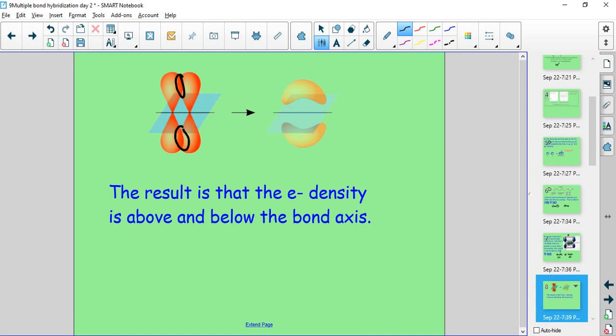Now this looks like two separate bonds, but in reality this whole thing here is just one pi bond. Just one pi bond: 2p orbitals in the same spatial orientation, overlapping, creating this pi bond.